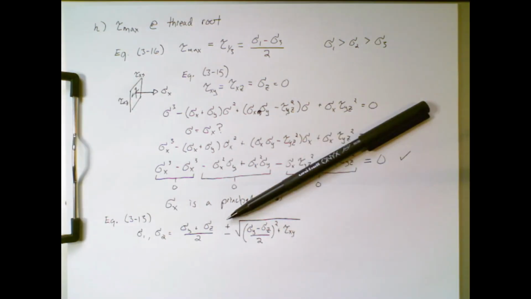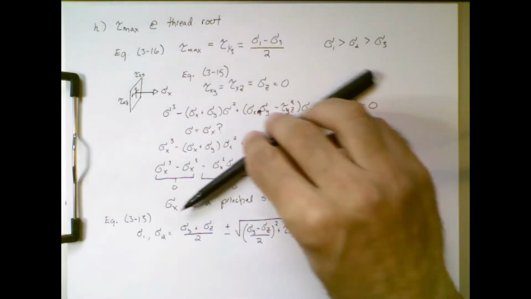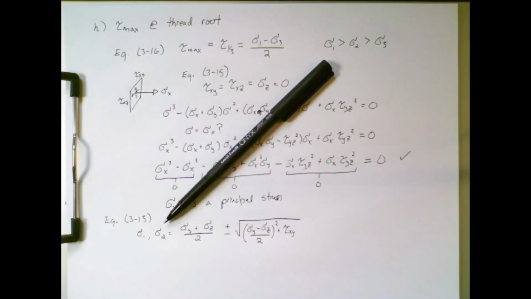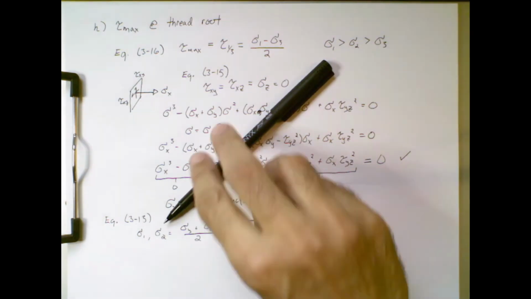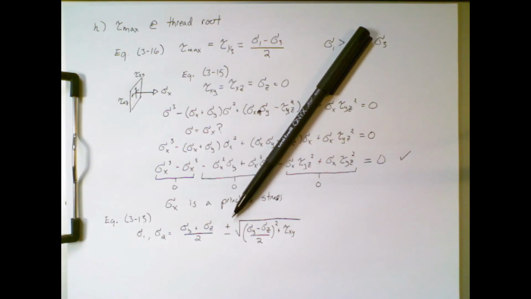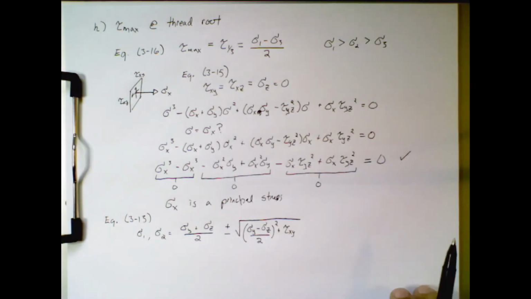Okay, so it's going to be sigma y, sigma z, and tau xy that are contributing to the other two principal stresses. We can use this equation 313 to determine those values. I should point out that while the equation here says sigma 1 and sigma 2, we don't really yet know which one is sigma 1 and sigma 2. But this equation is going to give us two values, and then we can just compare them, rank them, and assign sigma 1, 2, and 3.